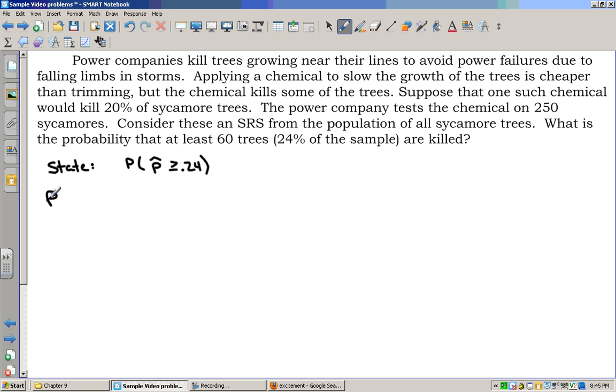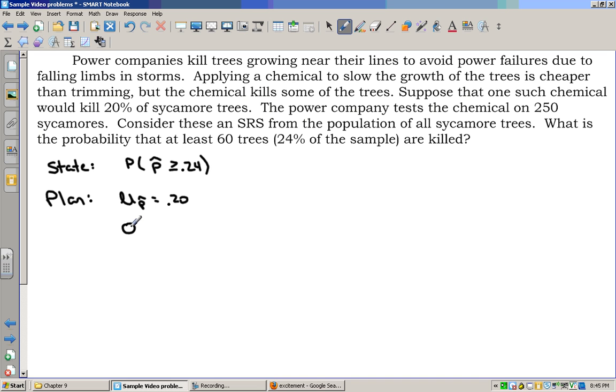Next up, we need to plan. So we need to think about what we know. First of all, they're telling us that the chemical kills 20%. So the mean of the sampling distribution is 0.20.